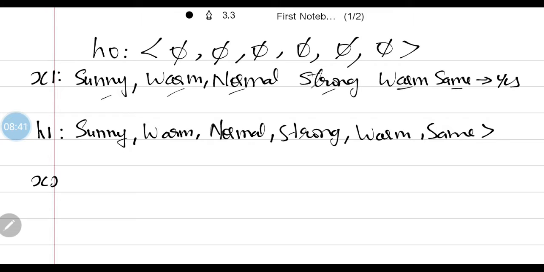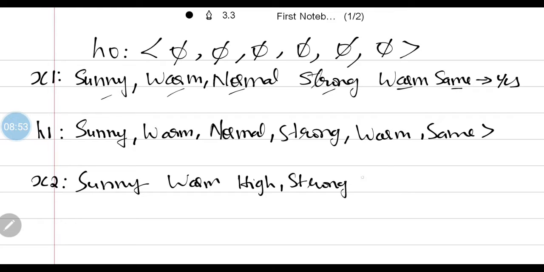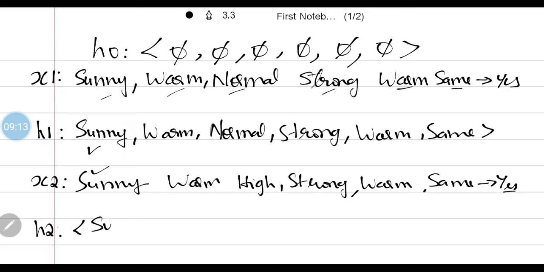Going to the second iteration, that is the second sample. The second sample has these values: sunny, warm, high, strong, warm, and same. The outcome is yes. So here we need to check each attribute. Since it is yes, it is accepted for processing. The first attribute is similar, so the H2 first attribute remains as it is, sunny.